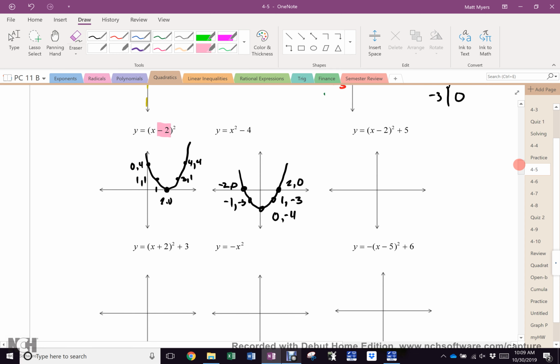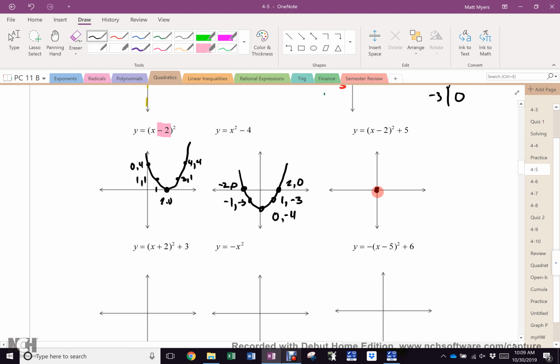So, now all of you should be able to do this sixth one by yourself. Remember, we pretend like none of this extra stuff is here. Because that's the basic parabola, yes? That's going to be 0, 0, 1, 1, negative 1, 1, 2, 4, negative 2, 4, right? But we have adjustments. Where is that vertex going to go?